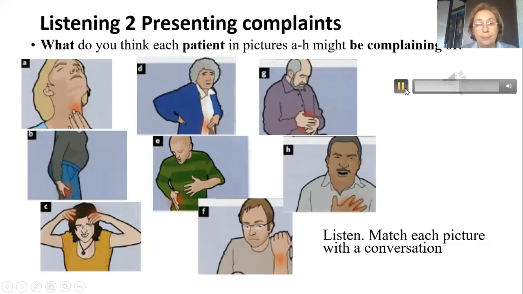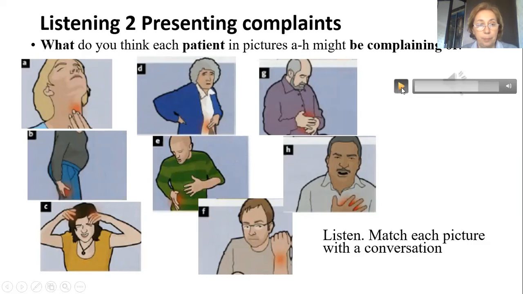Sure. 5. Can you tell me what seems to be bothering you? I've got this gnawing kind of pain right about here in my stomach. G. G. Yeah, it's G. 6. What can we do for you? Well, I've got this sharp pain up and down my leg.